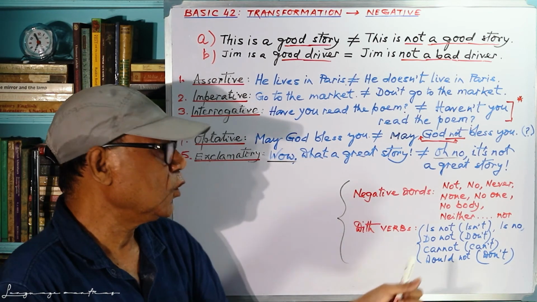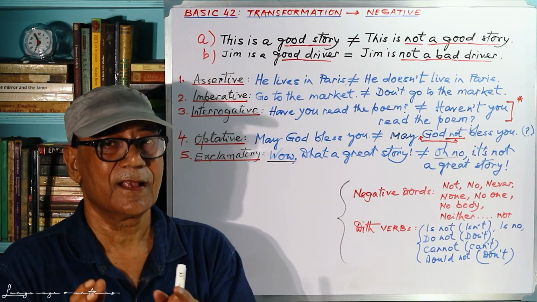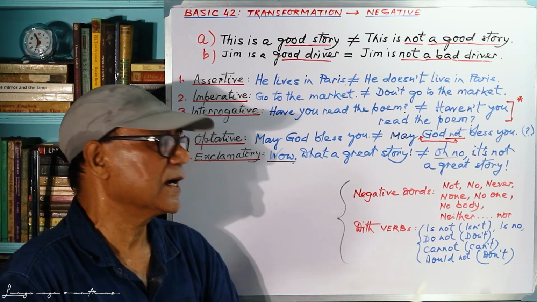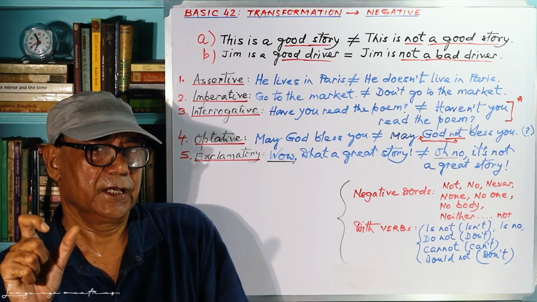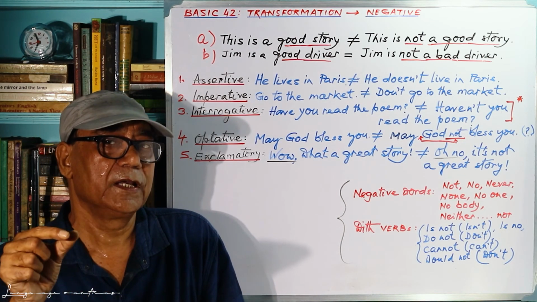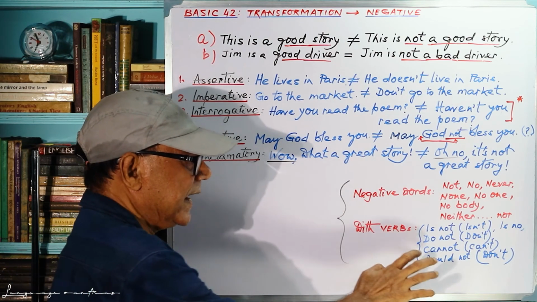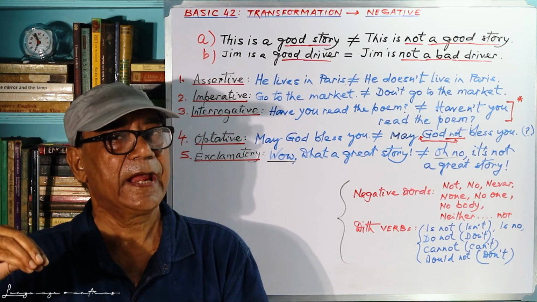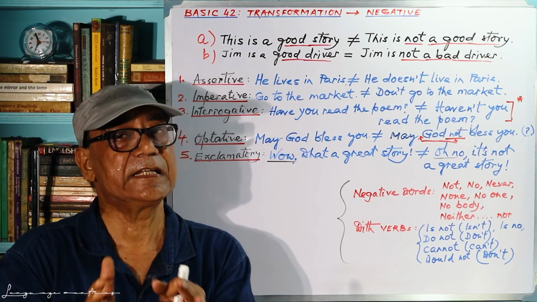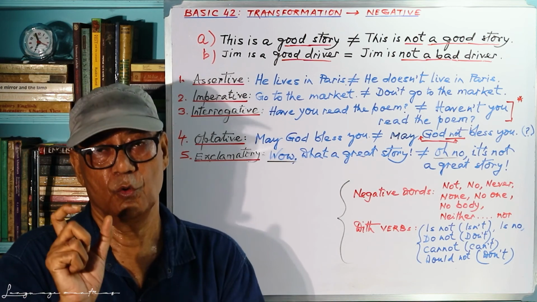Do not becomes don't. Cannot becomes can't. And will not becomes won't. But take care. Is no: the verb and no, these two words never contract. And again, cannot is also something that you should make special note of. Whenever you write cannot, it is always cannot, one word.